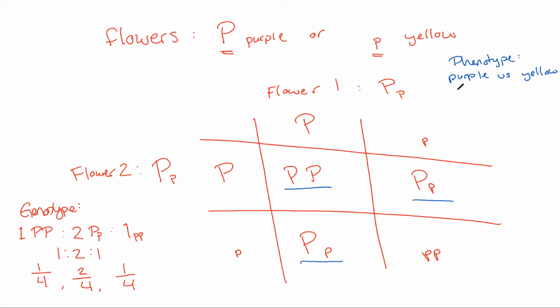So it doesn't actually matter. It's just capital P and then whatever the second allele is, versus yellow, which is just lowercase. So we would see 3 purple for every 1 yellow. Our ratio is 3 to 1. In other words, 3/4 and 1/4. So those are our expected frequencies, or our expected proportions, 3/4 and 1/4.